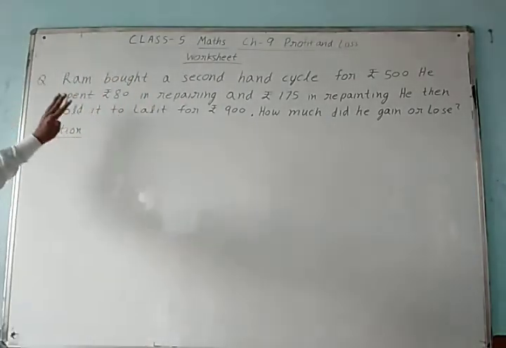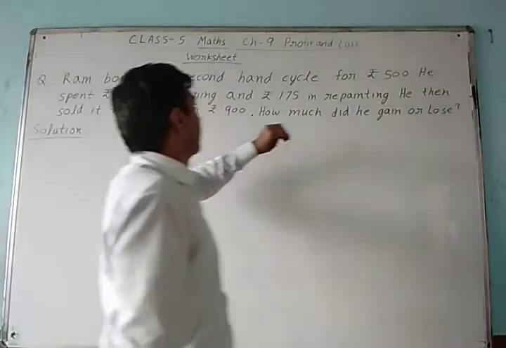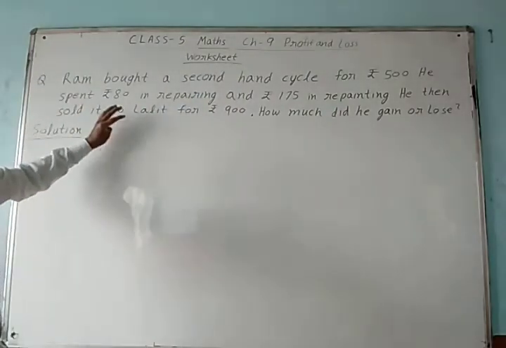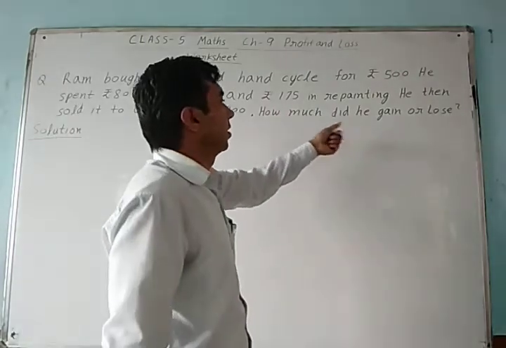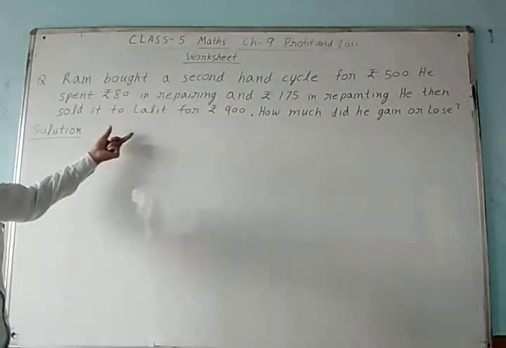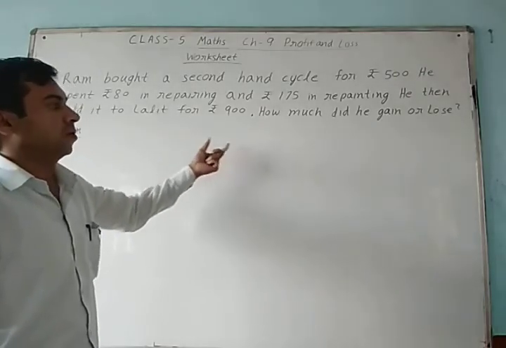Next question is, student: Ram bought a second hand cycle for rupees 500. He spent rupees 80 in repairing and rupees 175 in repainting. He then sold it to Lalit for rupees 900. How much did he gain or lose?